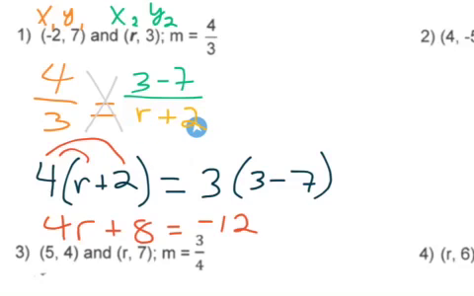We cross multiply, which sets up a distributive property problem. 4 times everything here equal 3 times everything there. That's what I'm saying on this line. And now I have a simple two-step problem to solve. I'm going to start erasing things and solving that.